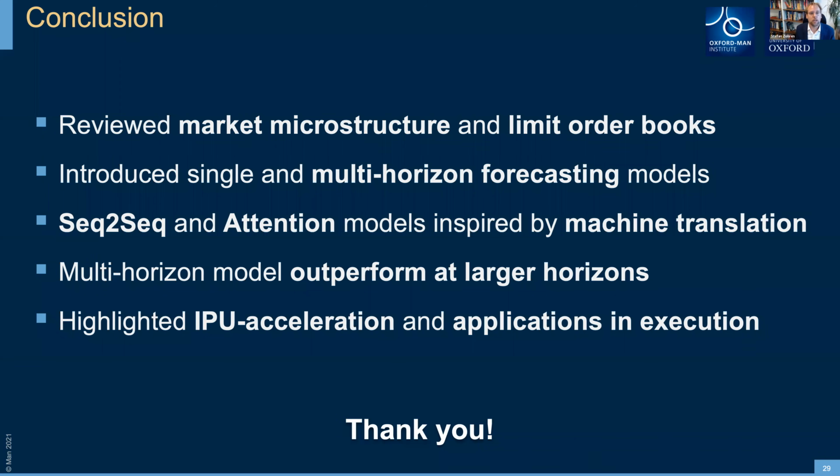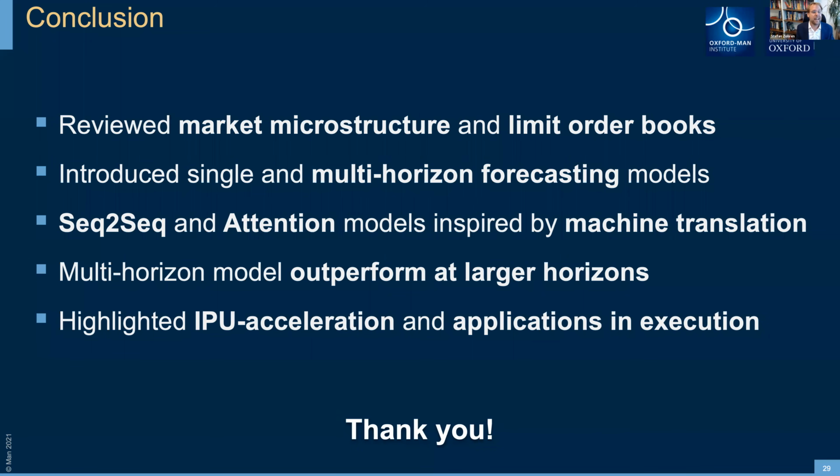Just to conclude, we briefly reviewed market microstructure and limit order books. We introduced the concepts of single horizon and multi-horizon forecasting models, and we showed how sequence to sequence and attention mechanisms work, how they originate in machine translation, and how we can use them for the multi-horizon forecasting task for limit order books.